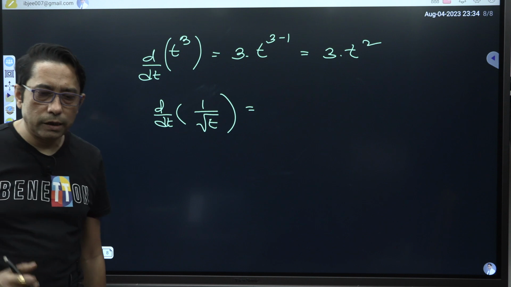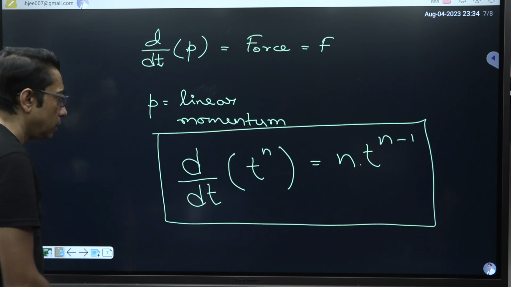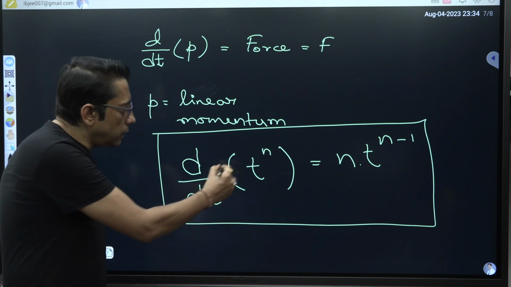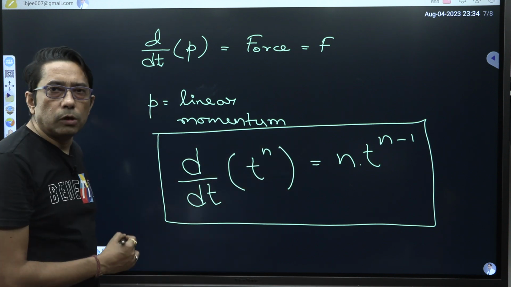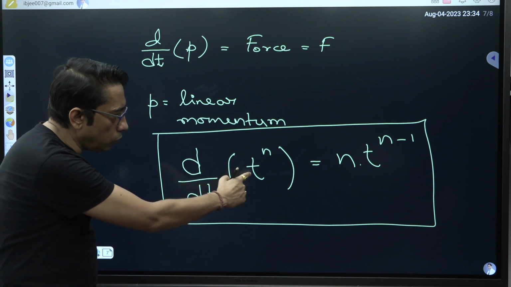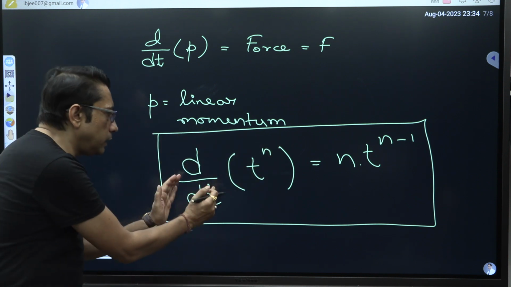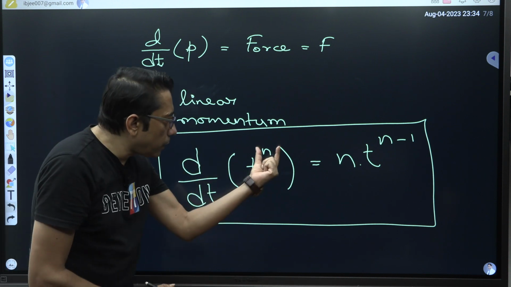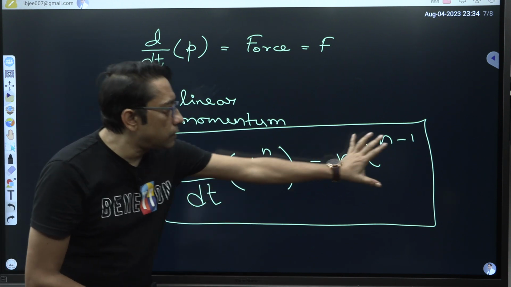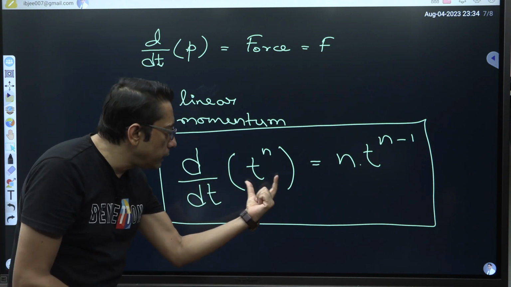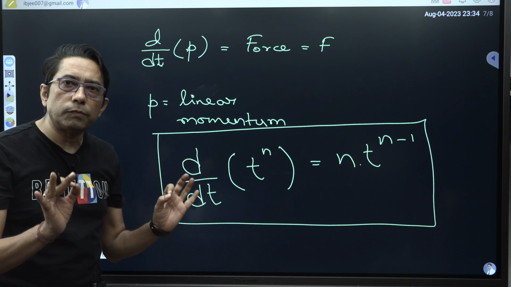দাঁড়াও আমি অর্ঘনীলকে নেব, ও বেচারি চেষ্টা করছে কিন্তু হচ্ছে না। অর্ঘনীল, এখানে ফোকাস করো। We are learning this formula. The formula we have learned is in this form: d/dt, then t to the power something. Then this result will come. First you have to make the expression in terms of t to the power something.